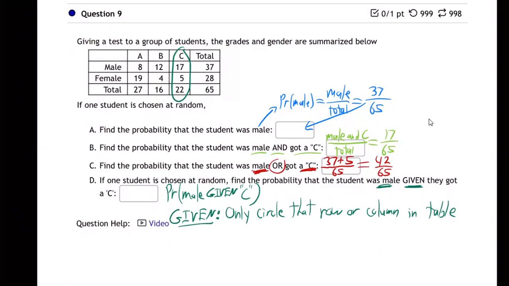Think about the regular, everyday use of the word given. What if I said, what's the chance I'm going to get an A in this class, given I'm going to study 20 hours every week? When you say the given, that means that's for sure. That's what we know.